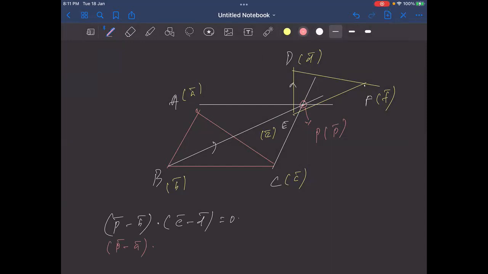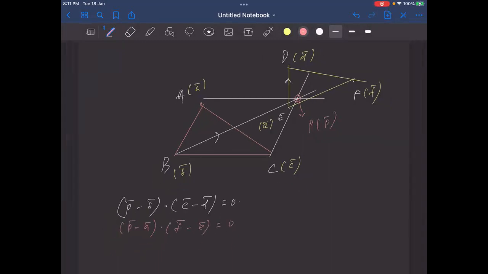This is (f minus e) के साथ 0. And similarly, (p minus c) dot with (d minus f) is equal to 0. Is it correct, all three equations?